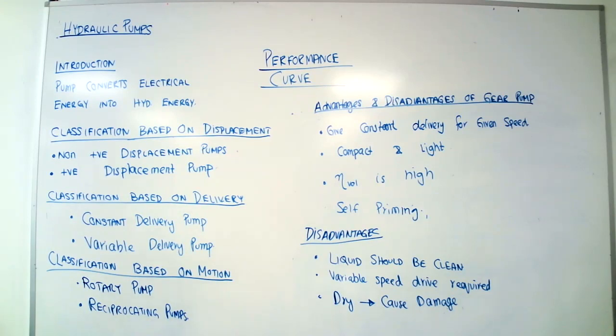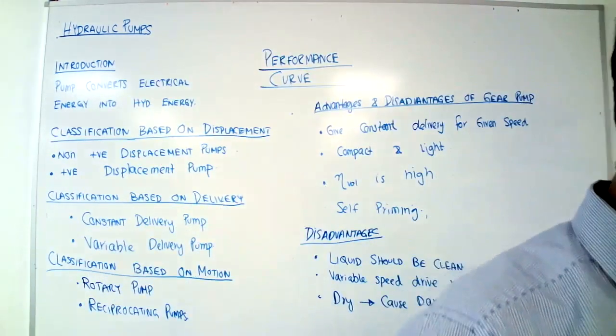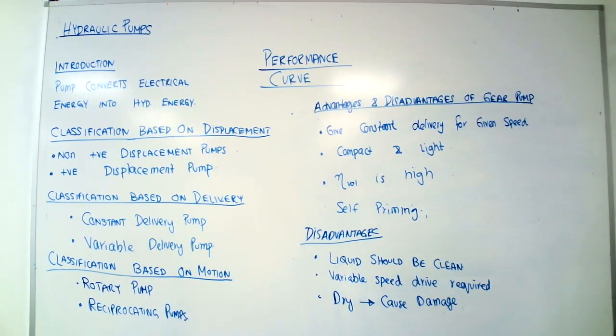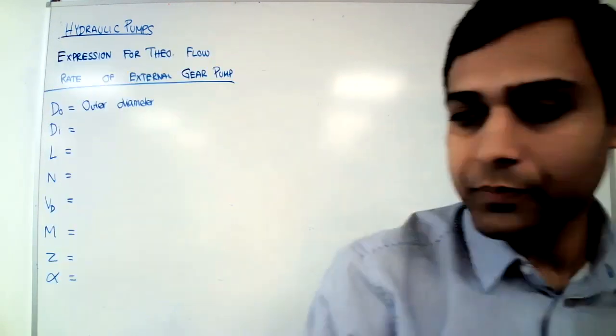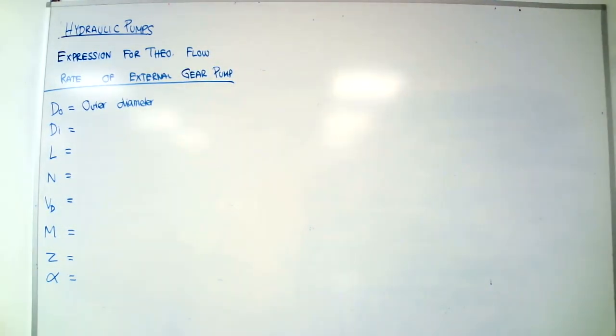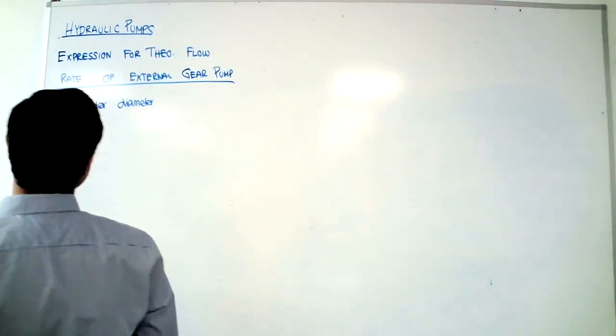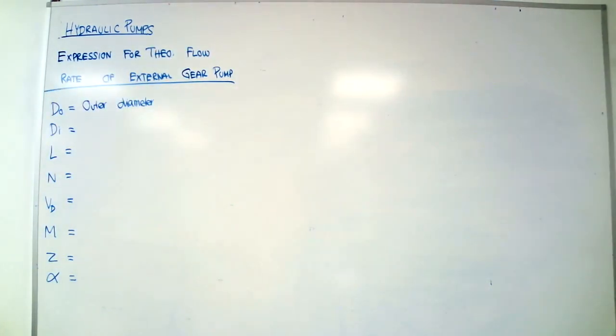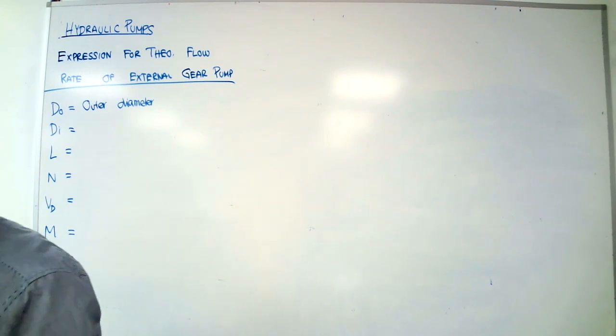Okay. Now the next bit is the equation for the flow rate. Expression for the theoretical flow rate of an external gear pump. Now, different variables, what are these? We have a look at these ones, and I will just write it down.